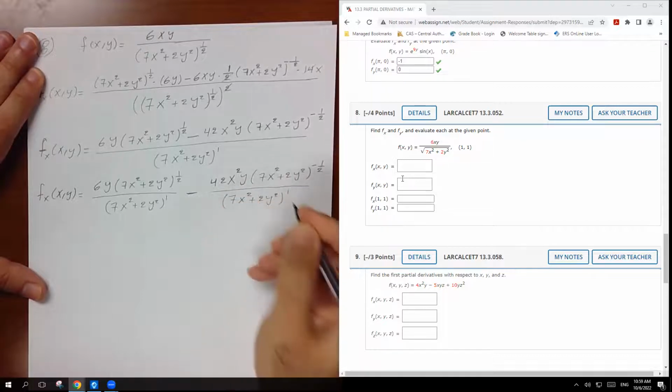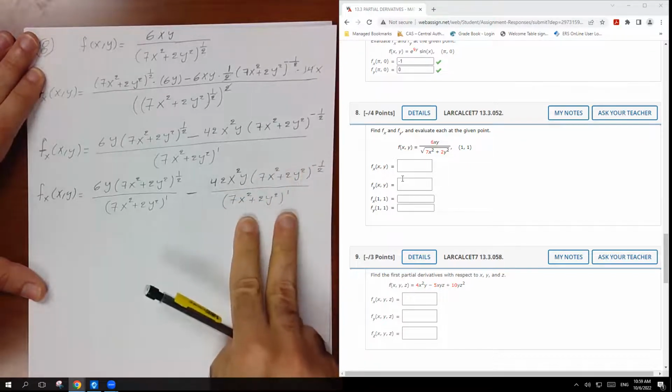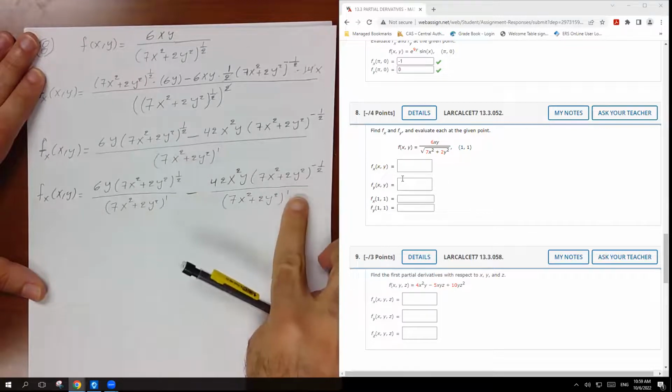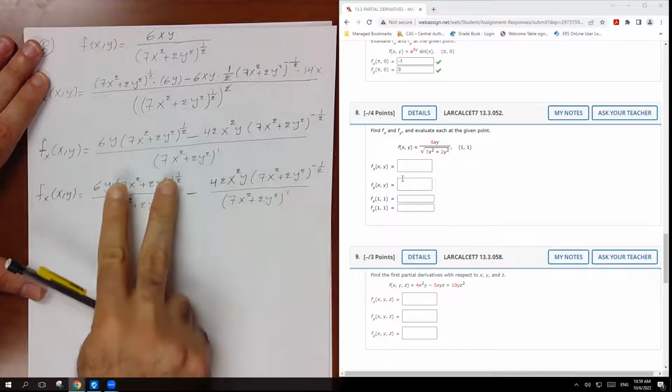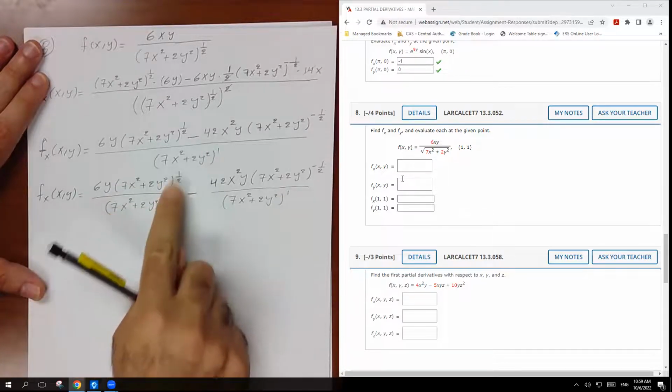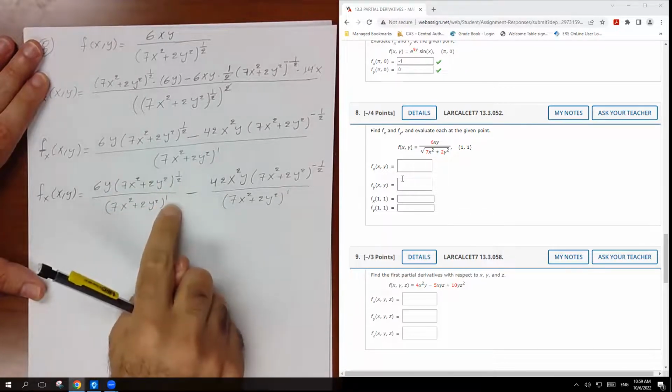I'm going to keep 1 and bring this one down. That's going to be positive, plus 1 is going to be 3 over 2. And bring this one down, that means 1 minus half is going to be negative half. So we're going to get negative half here.